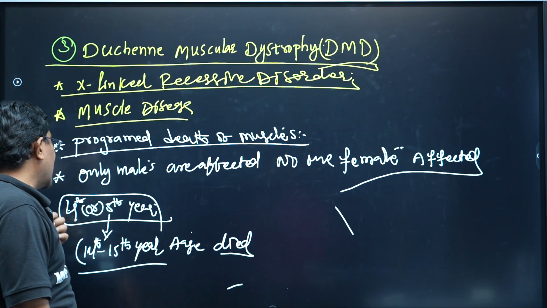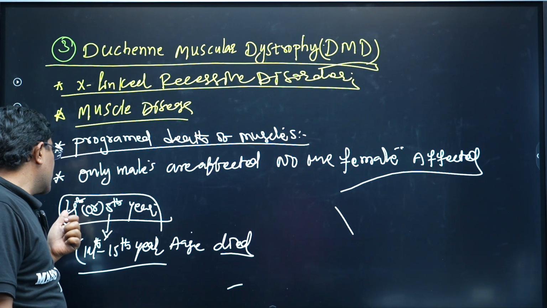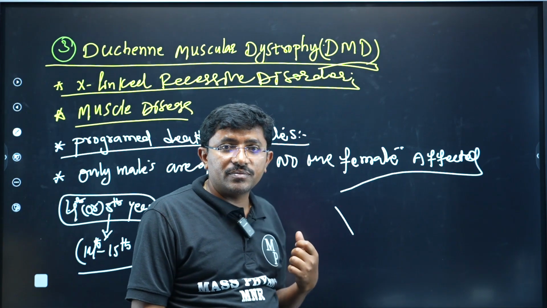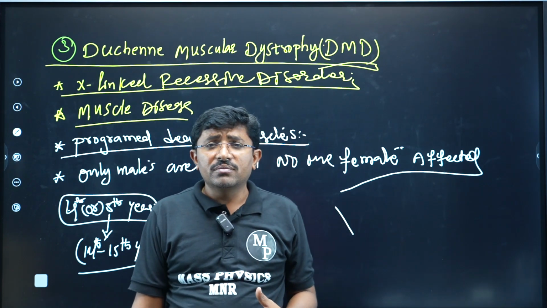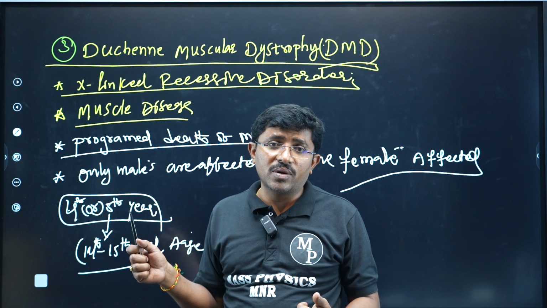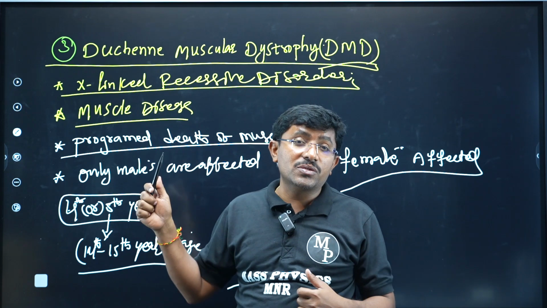And actually the muscles die in a programmed way. Then how is someone born with this homozygous recessive trait? The mother is a carrier, the father is normal as usual. Mother carrier means one of her X chromosomes has the recessive trait.